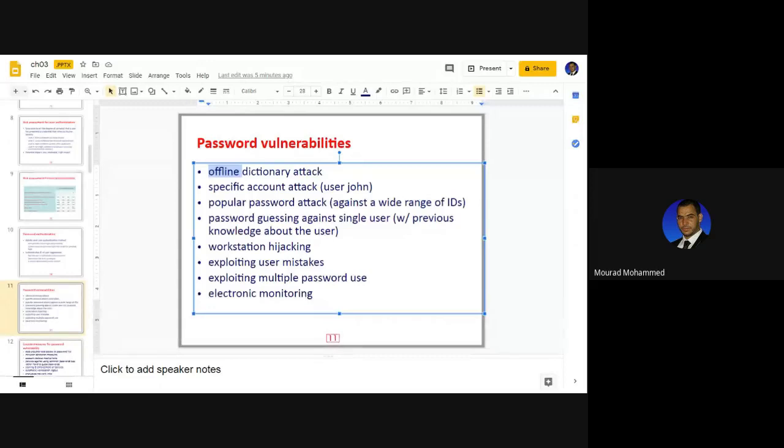Yes, you'll be able to log in offline. You'll be awarded offline access, because the credentials will be compared locally in the computer itself. So those offline credentials can be utilized for an offline dictionary attack.